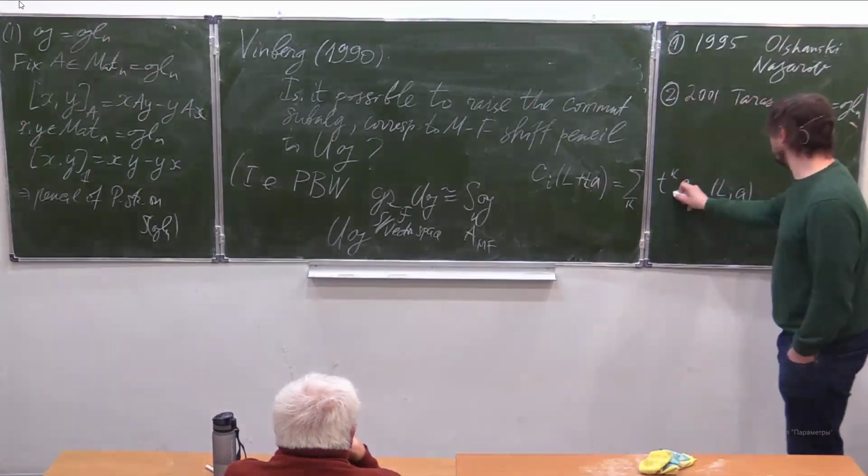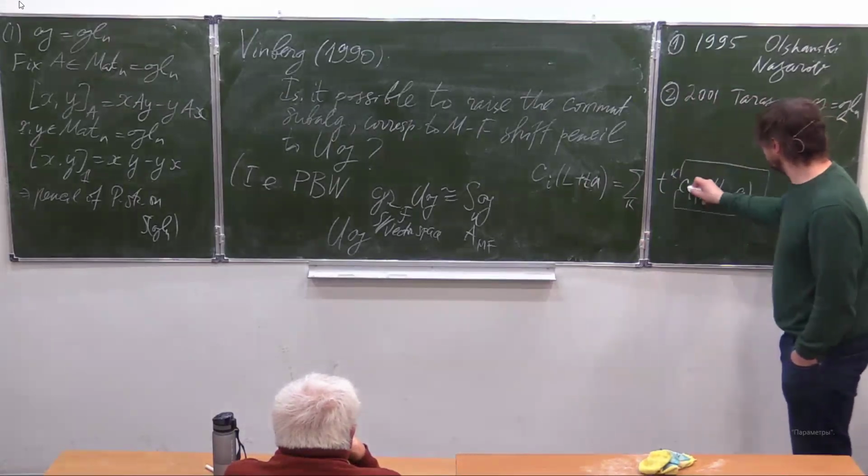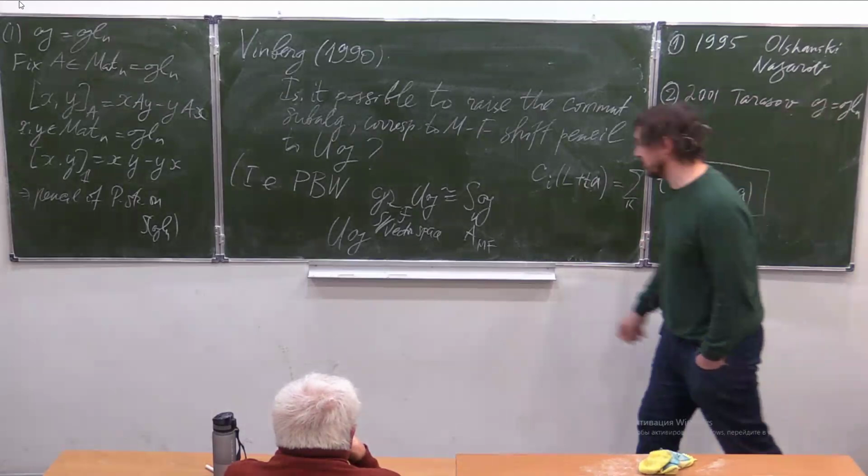Then these coefficients, if you just symmetrize them, you get a commutative subalgebra here in the universal enveloping algebra.